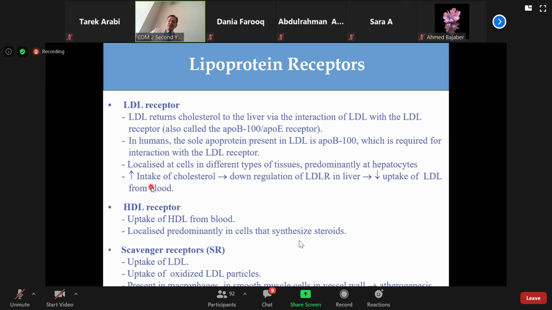When there is increased intake of cholesterol, this would downregulate the LDL receptor in the liver. As a result, there is less uptake of the LDL. As a result, what happens to the LDL cholesterol? Increases. So when you have mutation of the LDL receptor in the liver, there is reduction of uptake of the LDL. As a result, the LDL cholesterol will be way, way high.